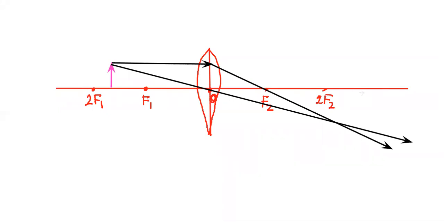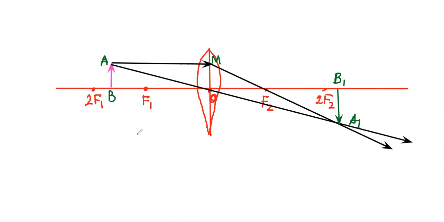Let me draw the image with a different color so that you understand better. So this is our image formed. I consider the object to be AB and the image to be A1B1. Let this point be M.